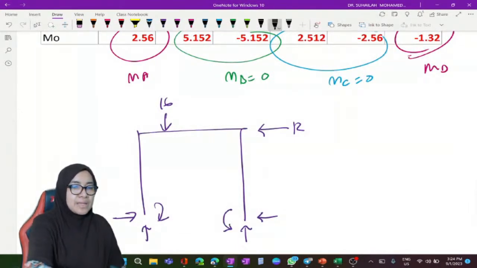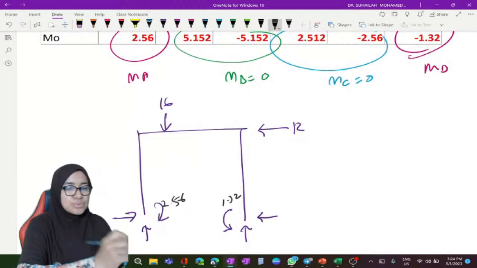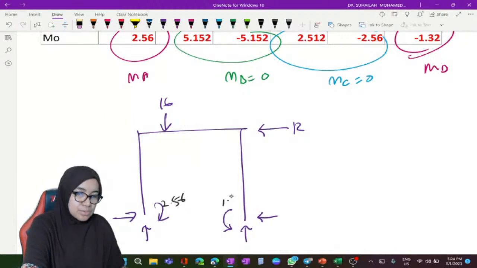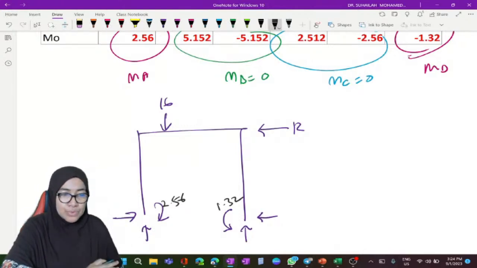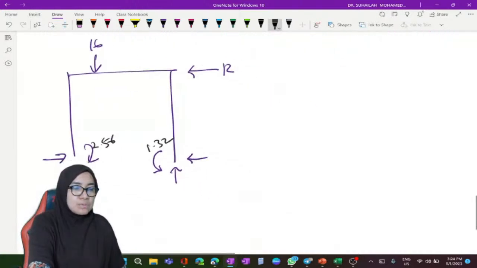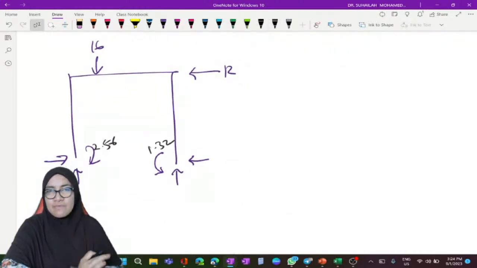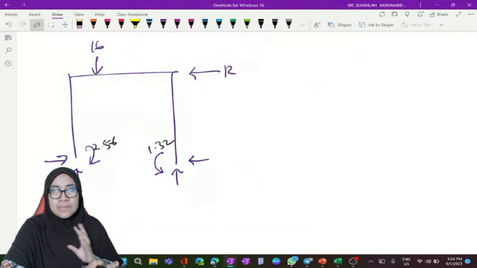So the value, this is 2.56 and 1.32. Okay, so the free body diagram of this is very important. So this is a free body diagram of non-side sway frame.